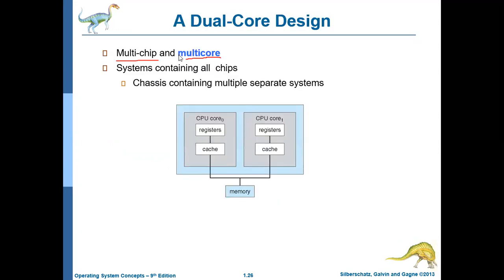There is another type of multiprocessing which is called multi-core. Some of you may be having a laptop with multi-core, dual core. Multi-core in the sense you will have only one chip. Here you can see in this diagram, there is only one chip. This single chip contains two cores. Core is nothing but a processing element.